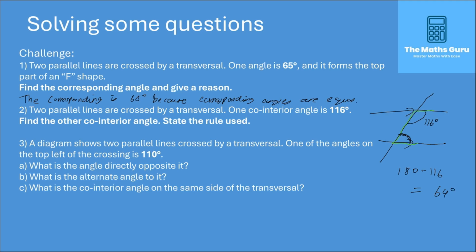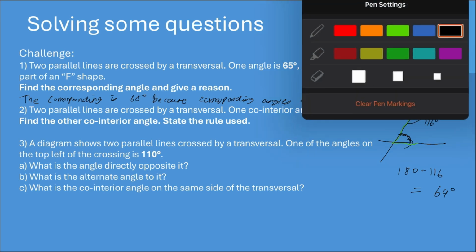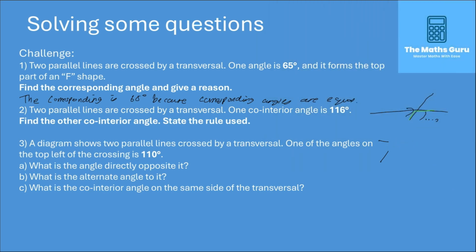Okay, looking at number 3 now, it says a diagram shows two parallel lines crossed by a transversal. So two parallel lines crossed by our transversal line. One of the angles on the top left of the crossing is 110 degrees. So I'm guessing that's here.